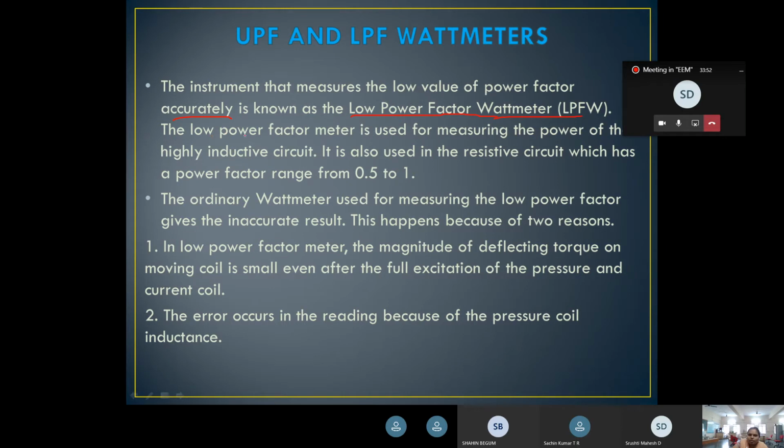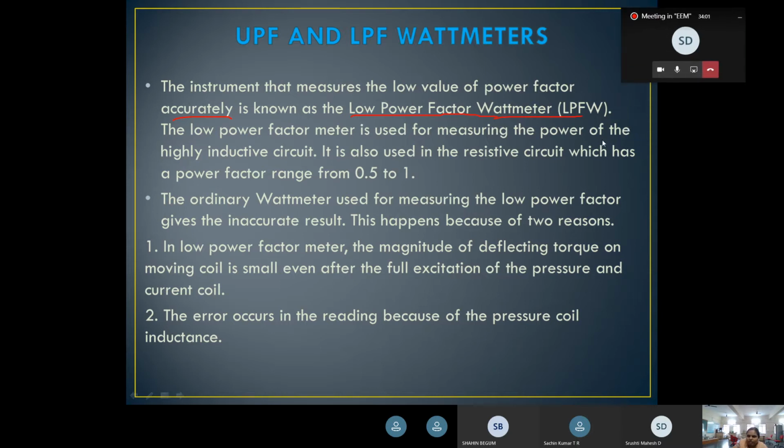The low power factor meter is used for measuring the power of a highly inductive circuit. Low power factor is mainly because of the highly inductive circuit. It is also used in the resistive circuit which has a power factor range of 0.5 to 1.